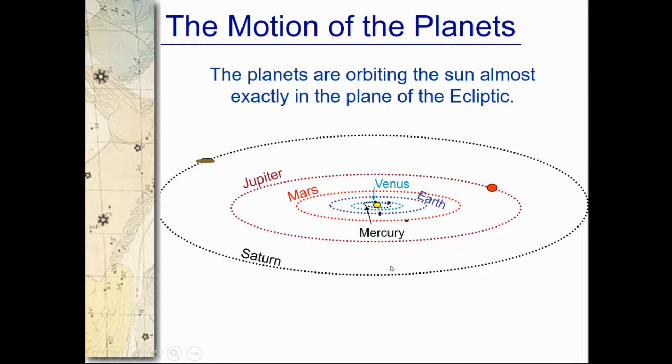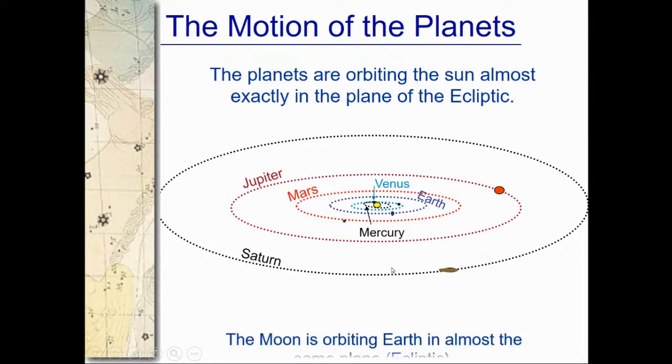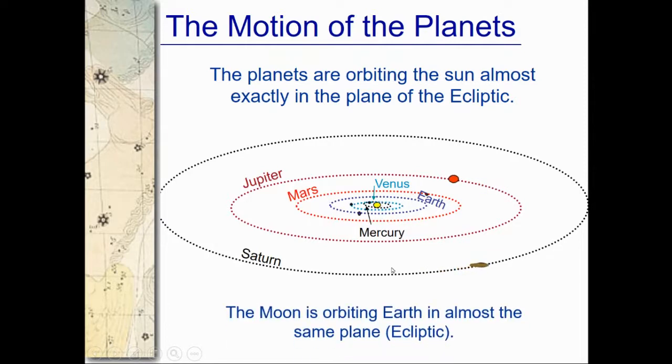The further, of course, the slower it's orbiting the sun. So we're using the Earth in terms of measuring times and so on. The rotation gives us the day and night, and one full orbit around the sun will give us a full year. So that's basically how we view the planets orbiting the sun.